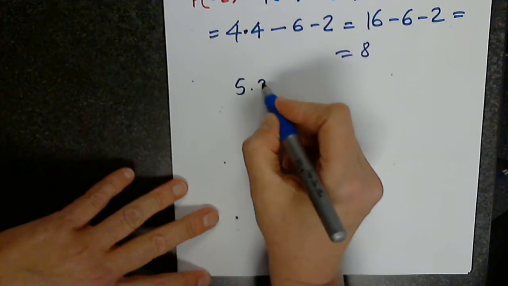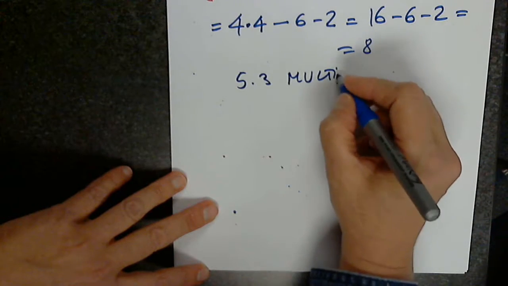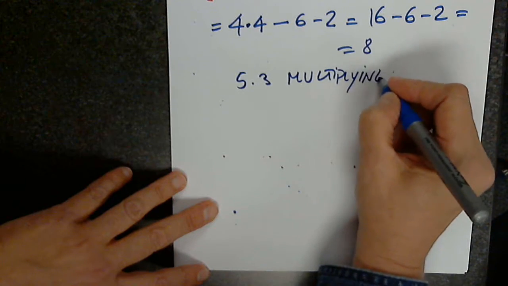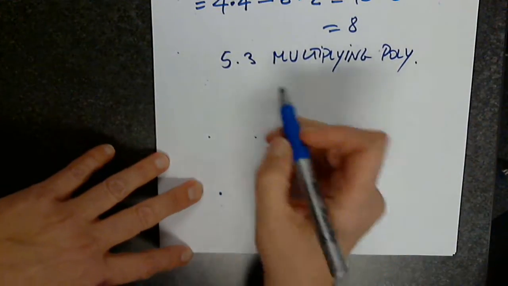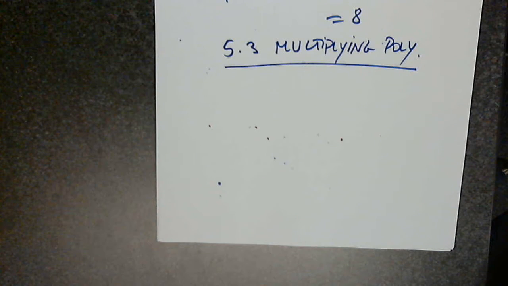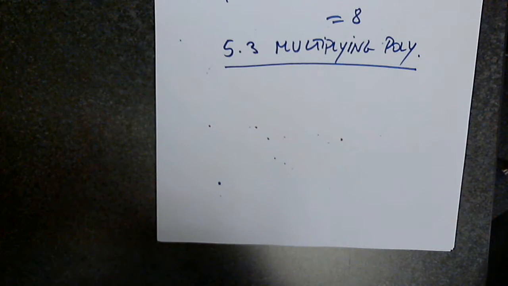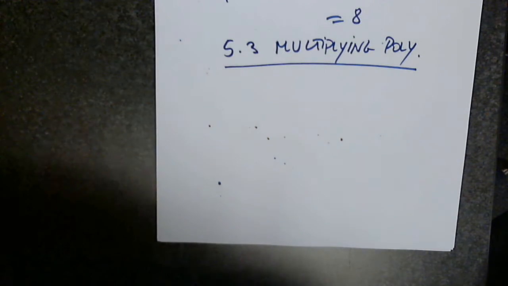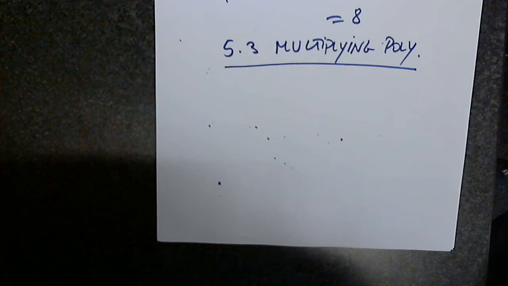5.3. Multiplying polynomials. Allow me to abbreviate poly. Okay. Yes, please. Now what scenario is it again where you present the polynomial in descending order from powers of the variable again? I always do that. Is that always?